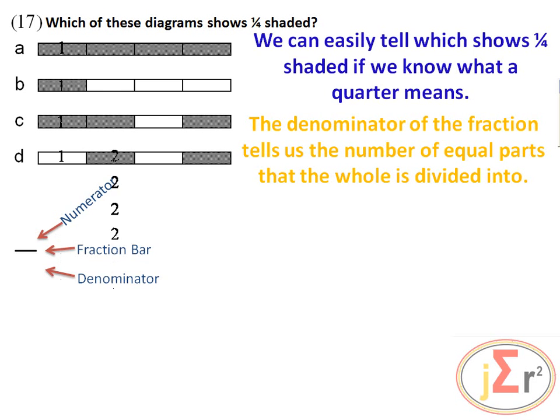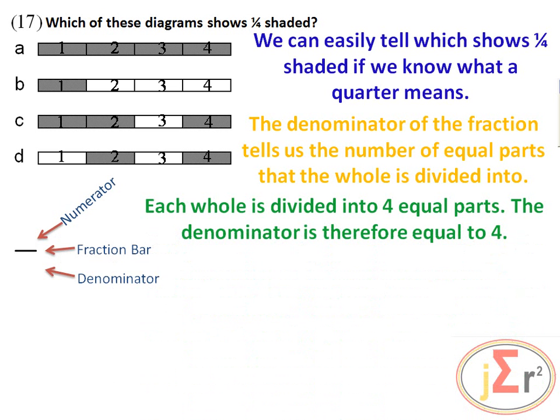So we have 4 equal parts. Each one is divided into how many equal parts? 4. Each whole is divided into 4 equal parts. The denominator is therefore equal to 4.